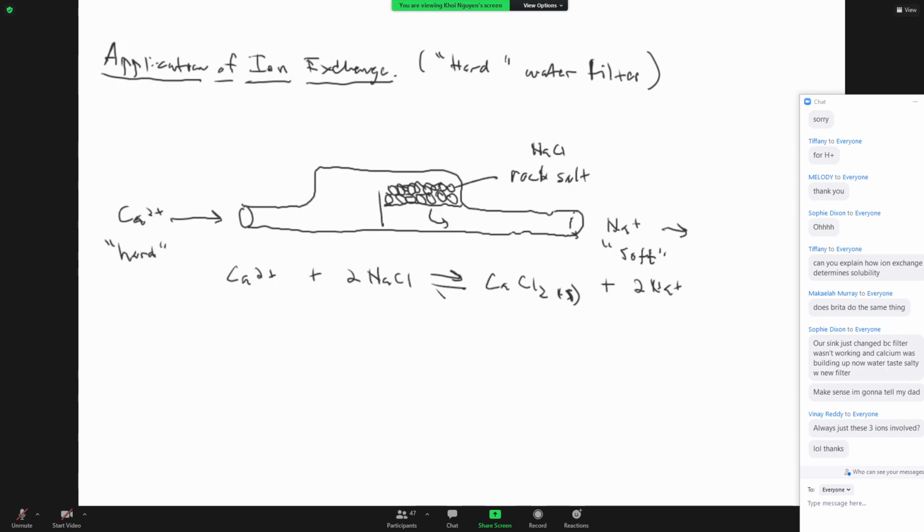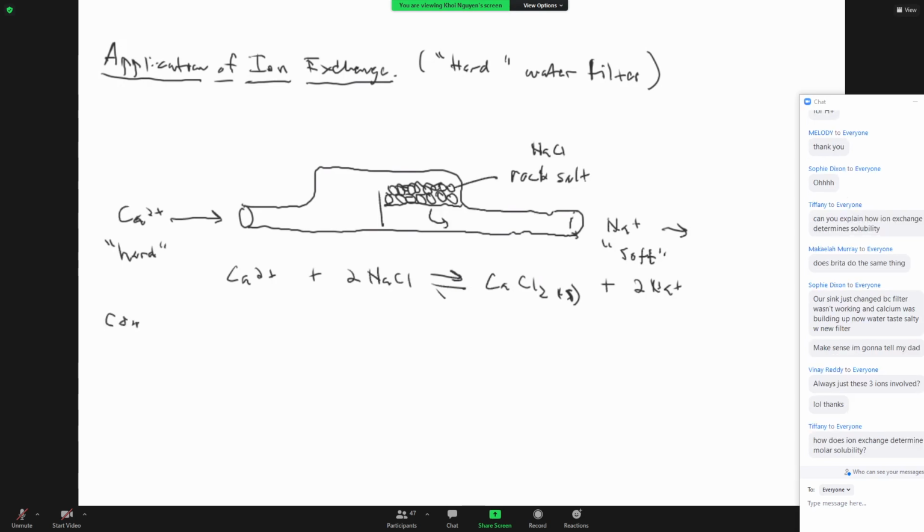The last thing that we need to go over is what we call the common ion effect. Oh, ion exchange.